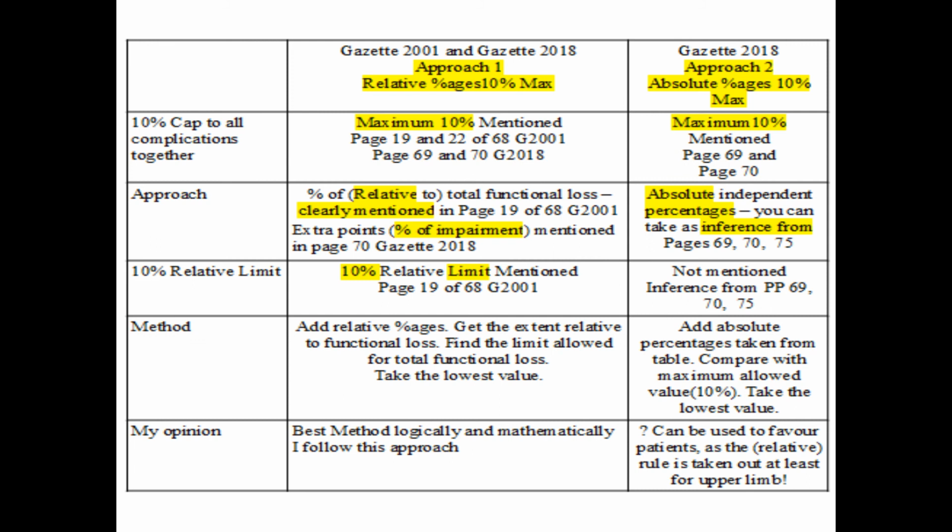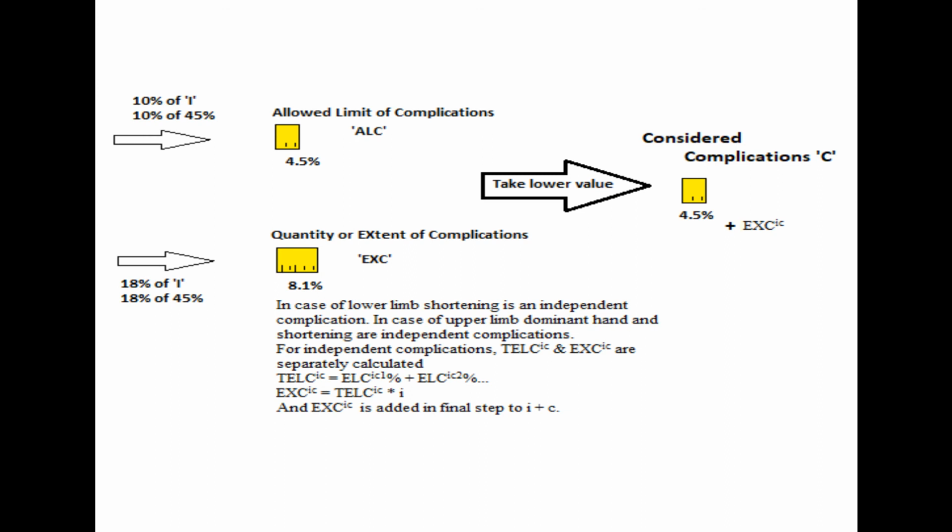Thus, we get processed complication C. You have to take your stand, and I prefer and follow the relative percentages and relative 10% max approach. At this stage, manifestation of unlisted and independent complications of upper limb, namely dominant hand which has a value of 10% of I and shortening which is a percentage of I, are to be calculated separately as EXEIC.